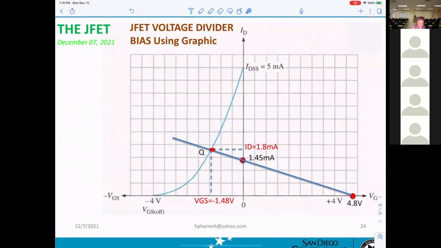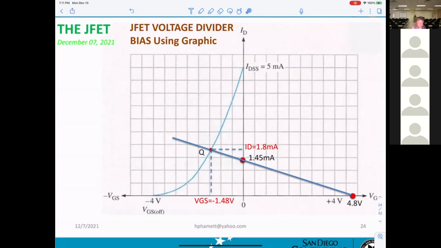At this Q point, you go this way, you know ID equals. You go down, you know VGS equals. The purpose is to calculate the ID and the VGS for either self bias or voltage divider bias.